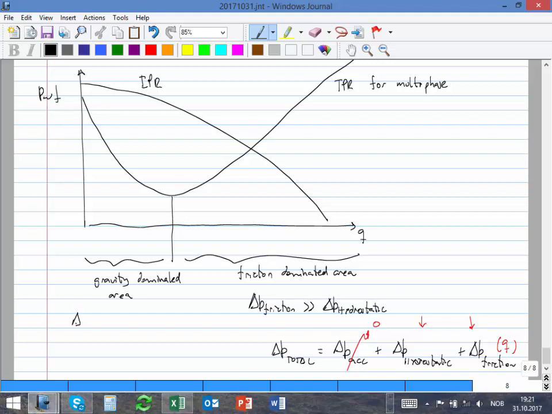But in this region, delta P of hydrostatic is much more important than delta P of friction. Okay? And I hope you understand the reason, but if not, we're going to cover it in detail later.